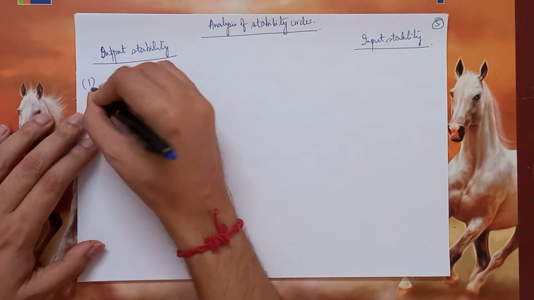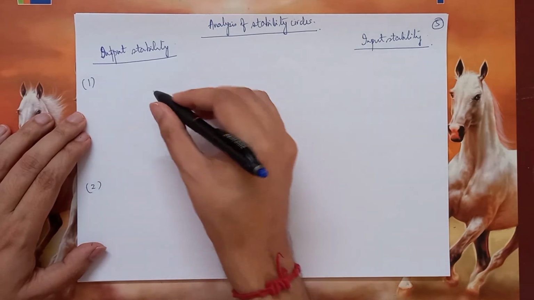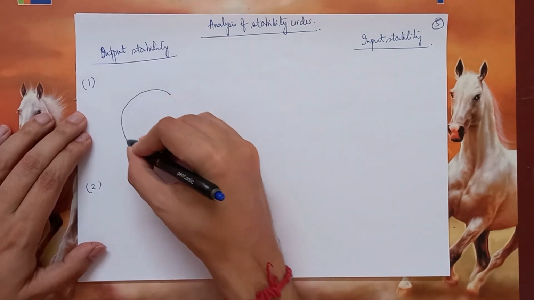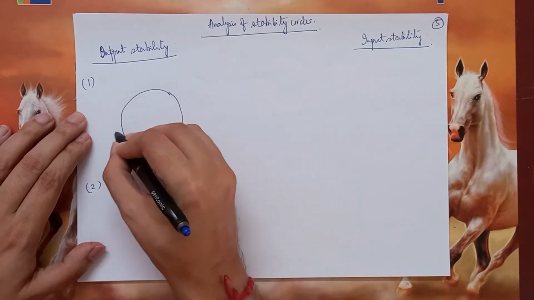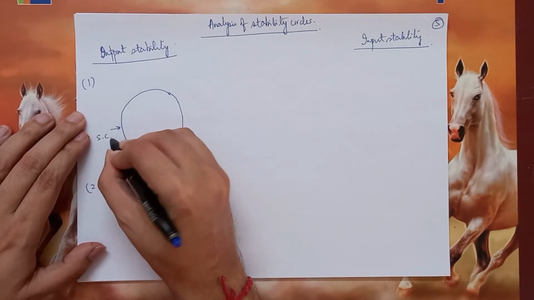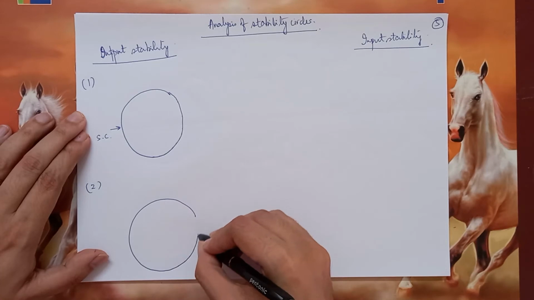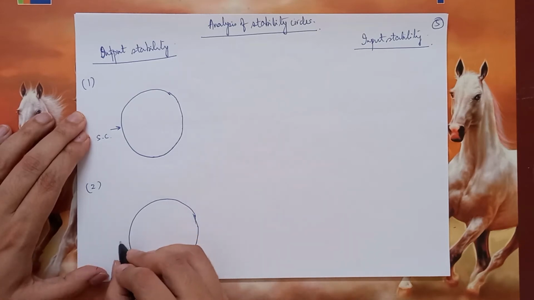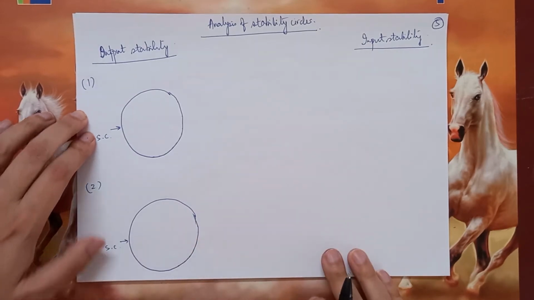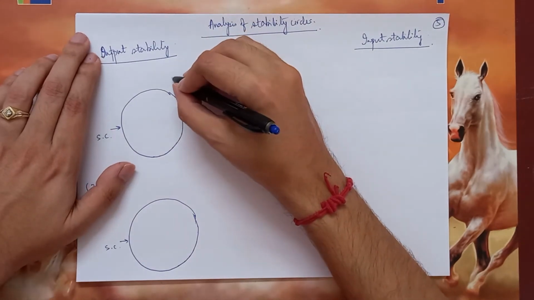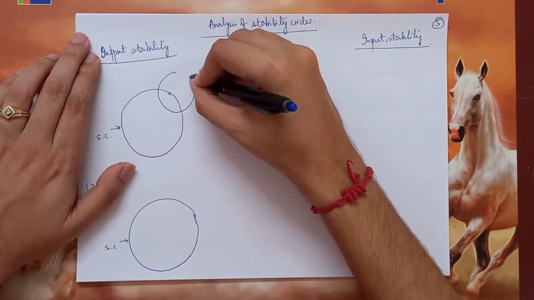Let's say case 1 and case 2. This is the Smith chart. SC means Smith chart. This is also Smith chart. And the stability circle looks like this.